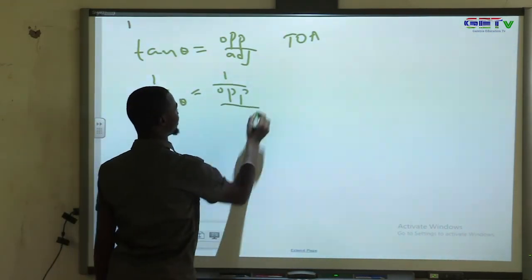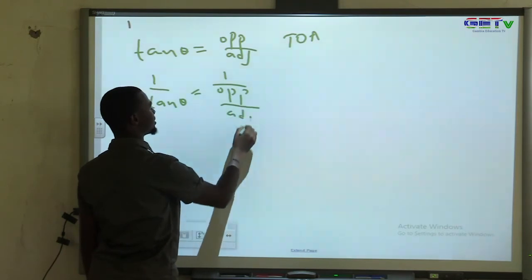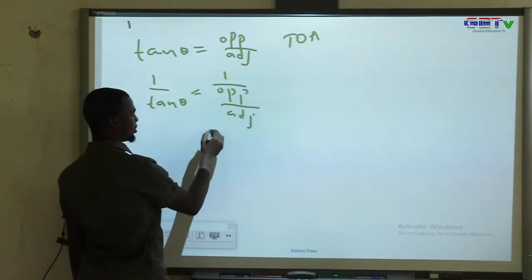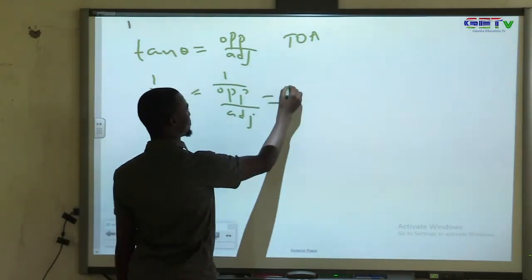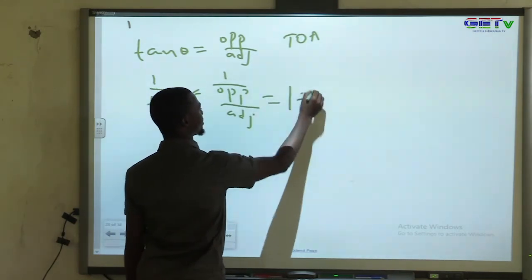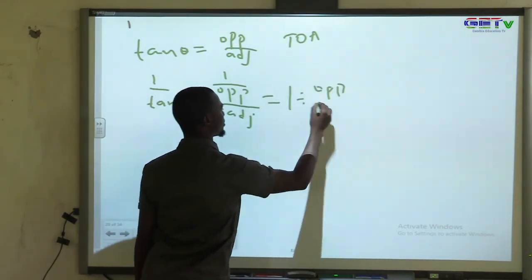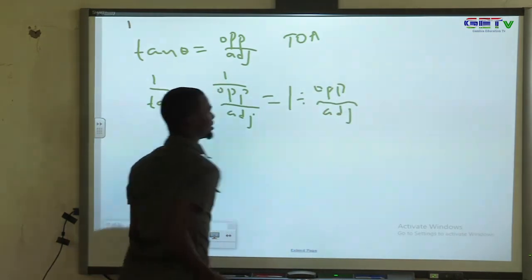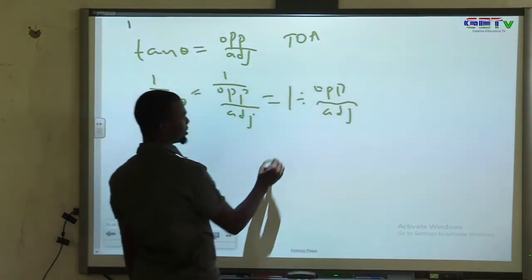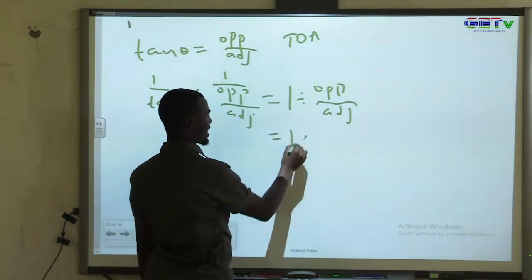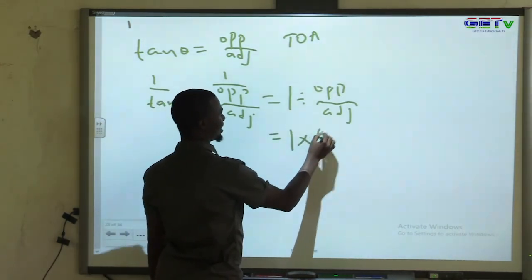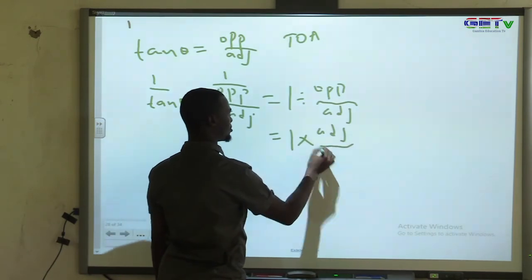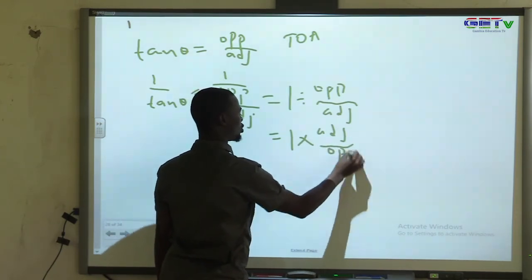adjacent. So this will give us 1 divided by opposite over adjacent. Now we change the division to multiplication. This will be equal to 1 times adjacent over opposite.